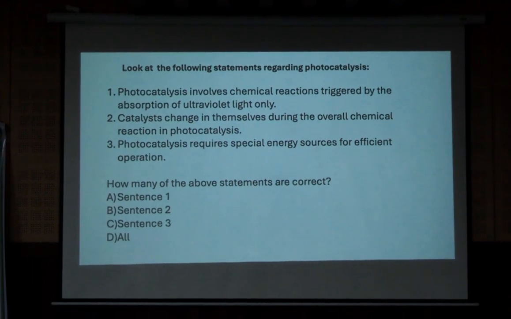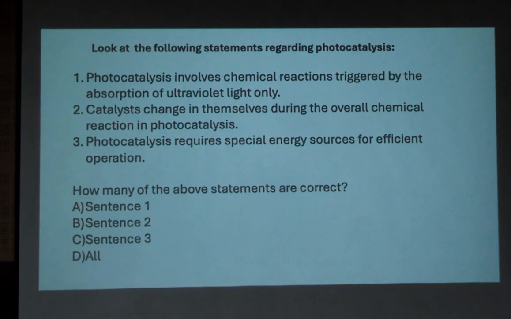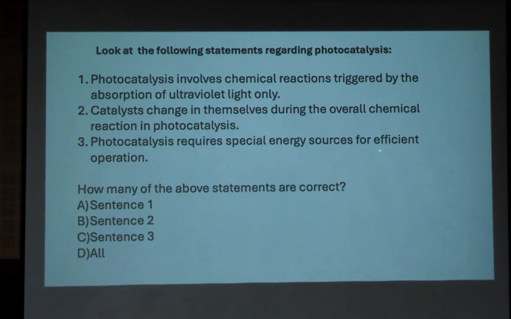Third, photocatalysis requires special energy sources for efficient operation. So there are 3 sentences. How many are correct?